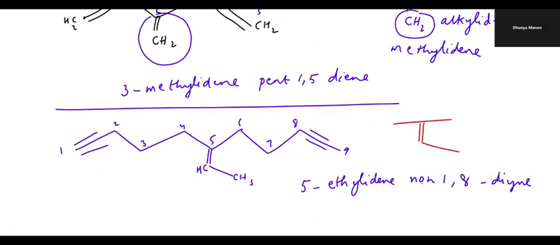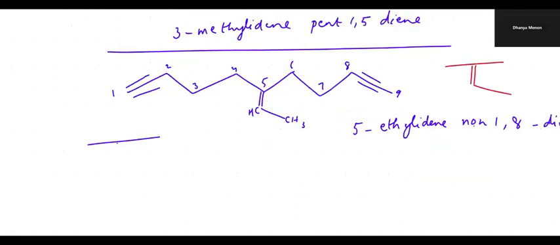Similarly, if to the main chain, I have 3 carbon atoms connected, CH, CH2, CH3, what is this called? This is called propylidene. So please remember this special case, propylidene. There should be a double bond connecting this substituent to the main chain.